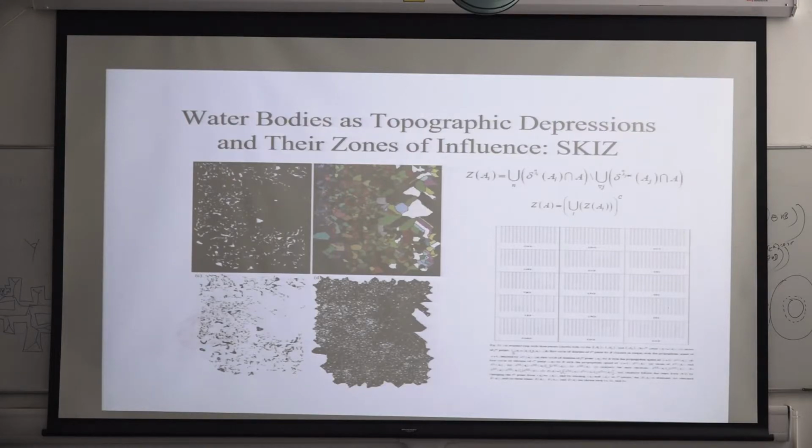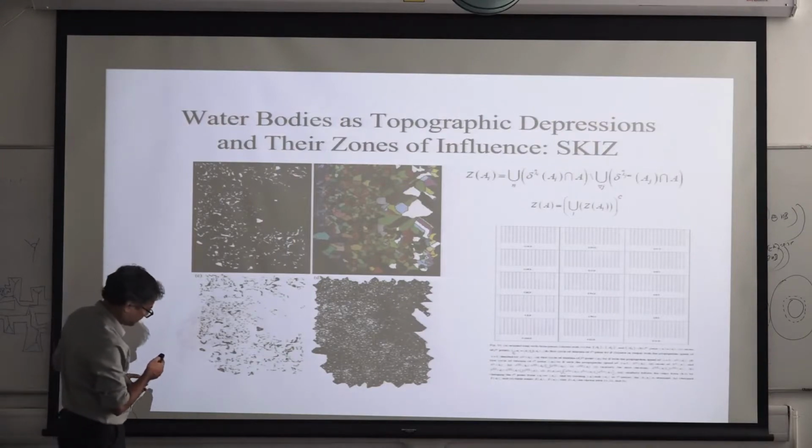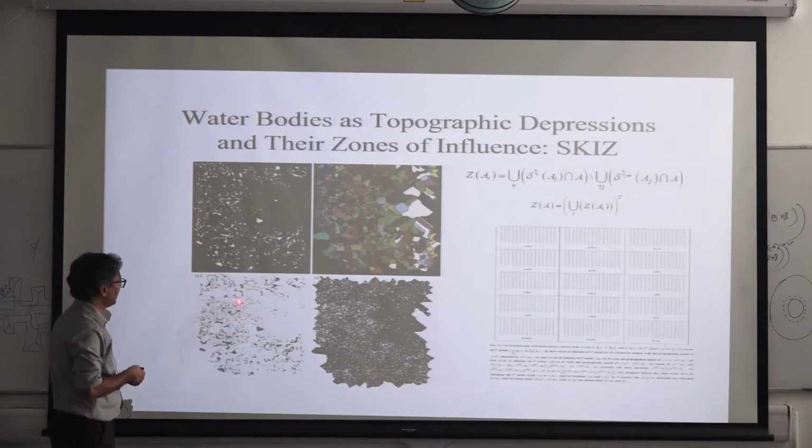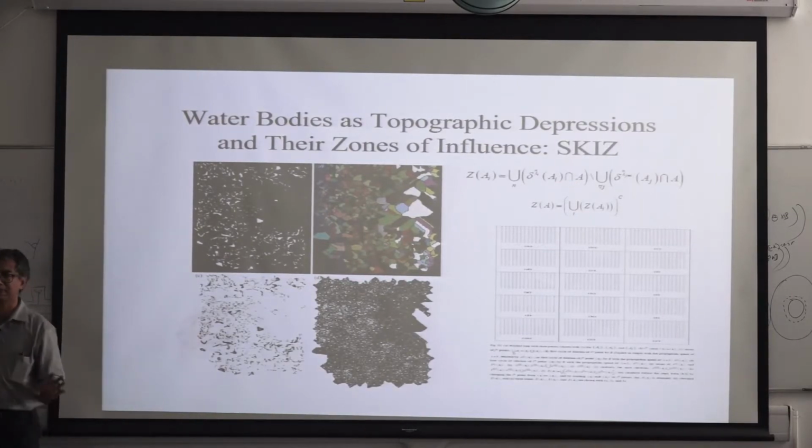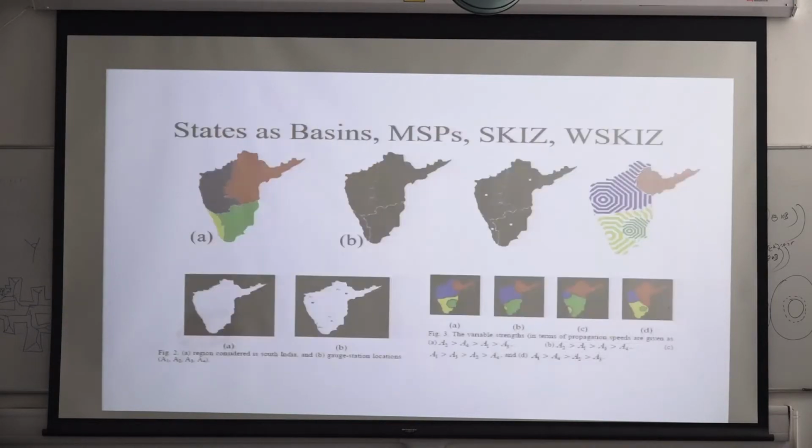There are 645 zones of influence, and we computed their area, perimeter, longest axis, and shortest axis lengths, and then we derived certain power law relationships, with which we confirmed that they are indeed following universal, fractal, scale invariant measures.